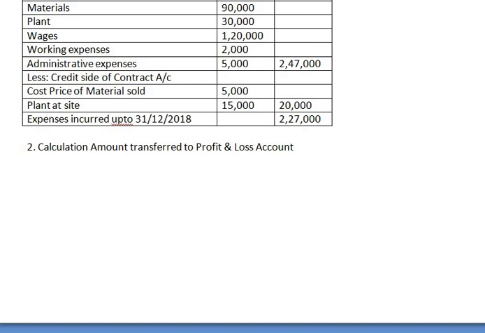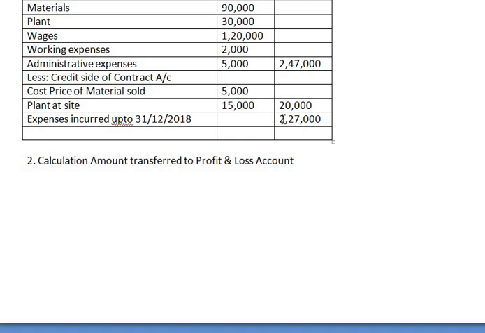Now after completion of this financial year, again the contract is extended for 3 months. What all expenses incurred for those 3 months is already given. Now that we need to take, that is called additional expenses. So this additional expenses should be added.